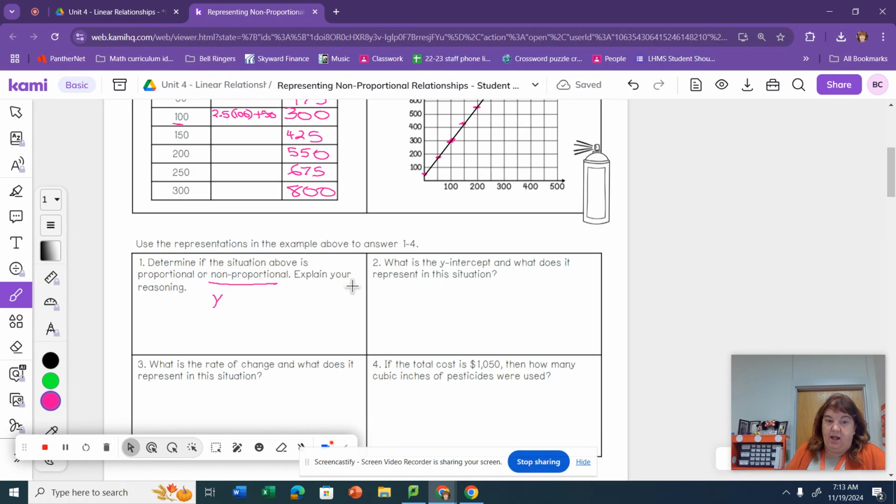Remember, we have y equals 2.5x plus 50. That right there is what made it non-proportional. Plus, it didn't start at 0, 0. It didn't go through 0, 0. So this would be non-proportional.